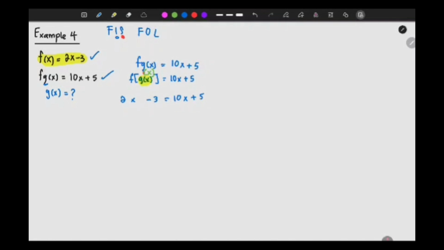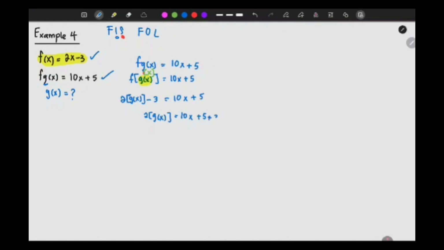So next, you have done substituting. So what is the next step? Actually you have to move around, just end with a single g(x). So minus 3, bring that side, become positive 3. So 10x plus 5 plus 3. Actually 5 plus 3 is 8. And this equals 2g(x).